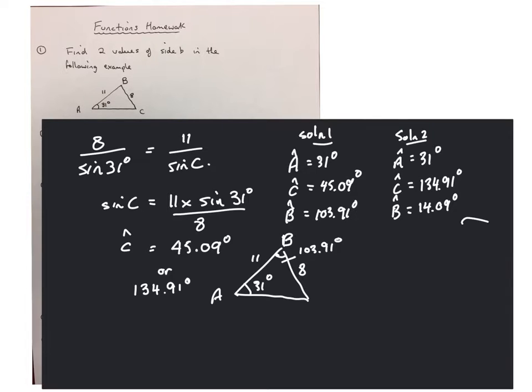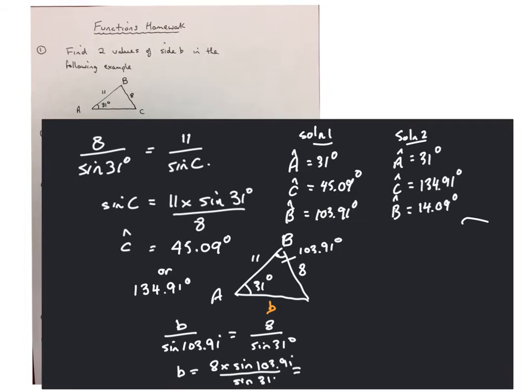That's side B. So therefore we're trying to find side B there, and we know that B over sine 103.91 equals 8 over sine 31, and if we work out B there, B will be 8 times sine 103.91 all over sine 31, which equals 15.08, length 15.08.